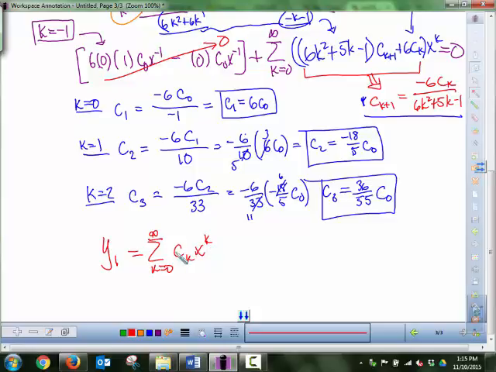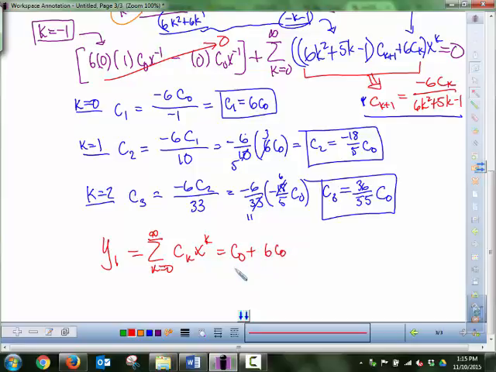So when k is equal to 0, I start off with c sub 0 times x to the 0, which is just 1. When k is equal to 1, I have c sub 1. C sub 1 is, I'll just put 6 c sub 0.